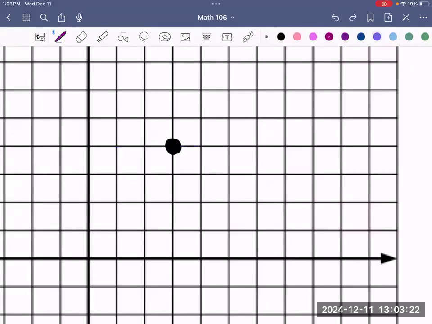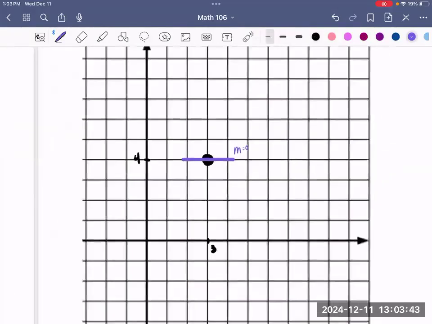That would be horizontal lines. So we have a horizontal line here when x is equal to 3. X is equal to 3 is right here. Maybe I'll label that 3, 4. So this is when m is equal to 0.